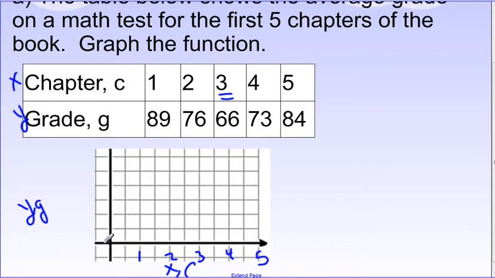So maybe if we went from, say, 65, because the lowest one is 66. Let me change color again, back to blue. So like 65, 70, 75, 80, 85, 90. That would work. And the way we're going to do this is with something called a break in the scale.